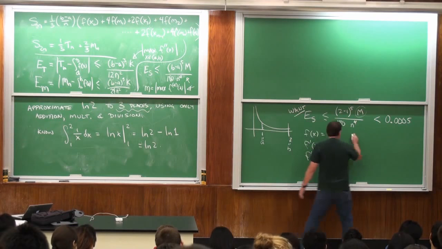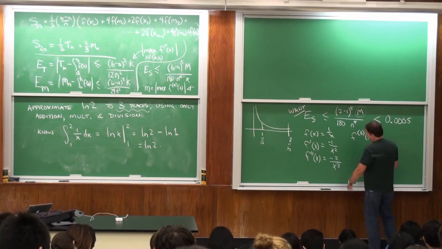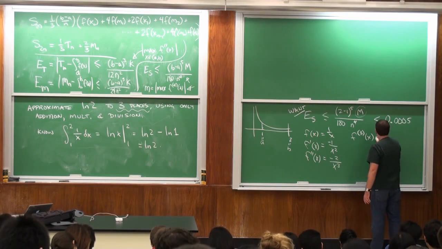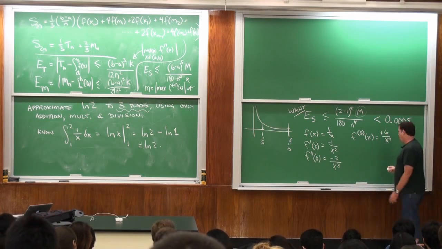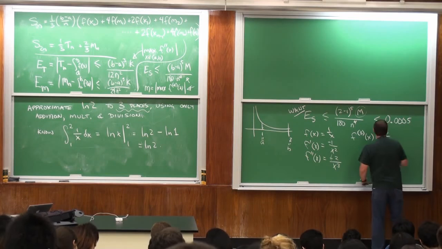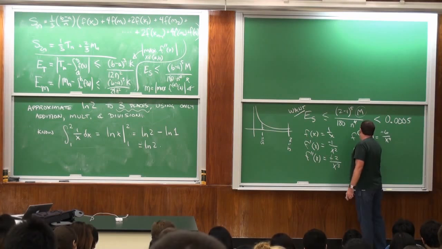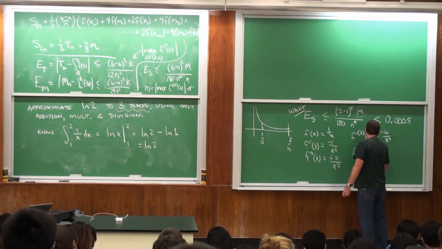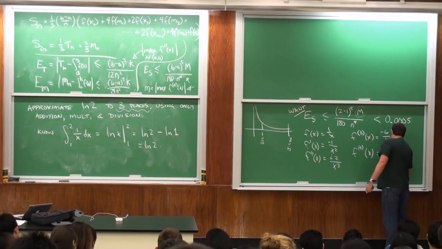The third derivative, negative 6. No, it's positive now, over x to the 4th. Oh yeah, this one's positive. This one's negative. I don't care because I'm going to take the absolute value, but okay. And f to the fourth is positive again. It's 24 over x to the fifth.